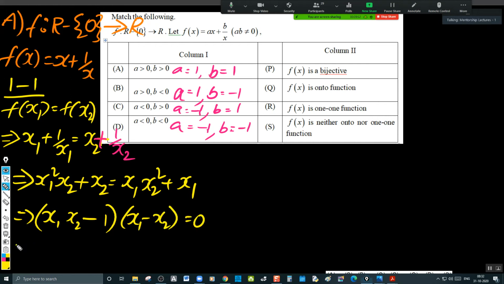So you are getting an extra condition: x1 x2 is equal to 1, and x1 is equal to x2. So not 1-1.